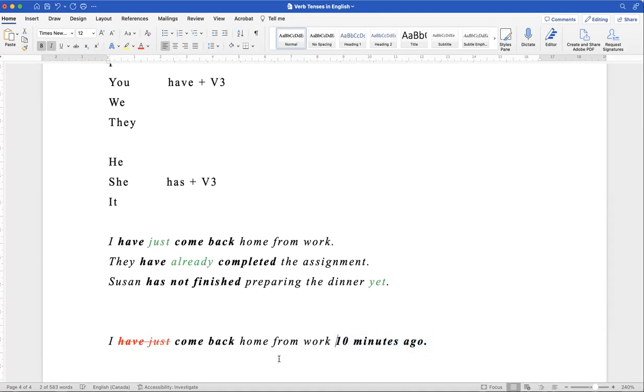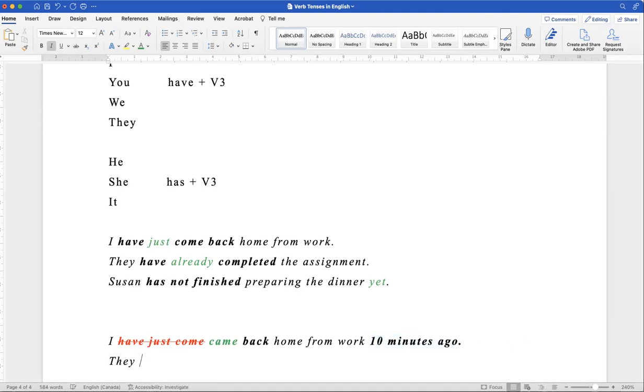So you can say came back, not come back. This should be came back home, simple past tense. In this example, we can use came back home because we have a specific time point.